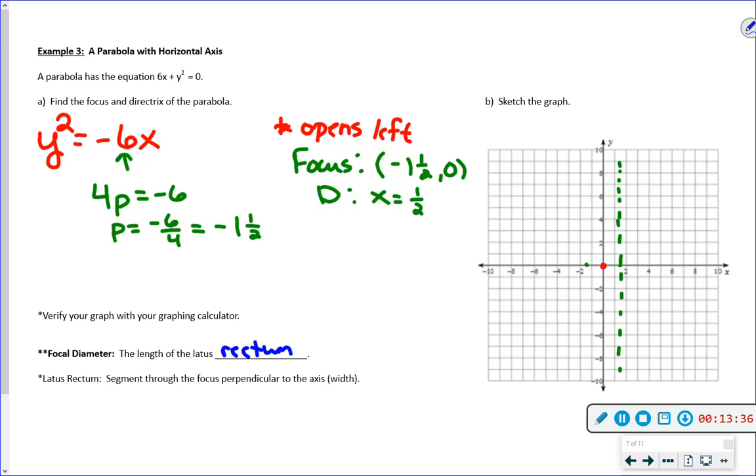And remember the calculation, it's just whatever the 4p was. So I'm looking at that negative 6. I don't really care about the negative because it is a width. So I'm going to go through my focus, and I need it to be 6 wide. So I'm going to go 3 up, 3 down. 1, 2, 3.